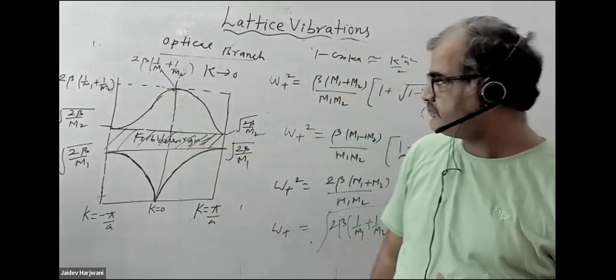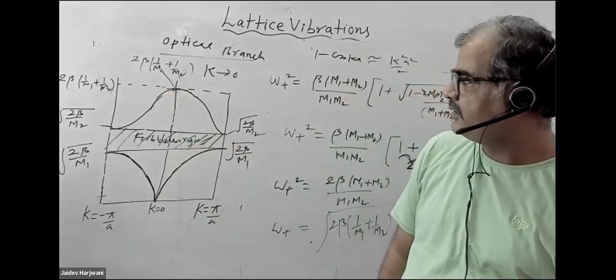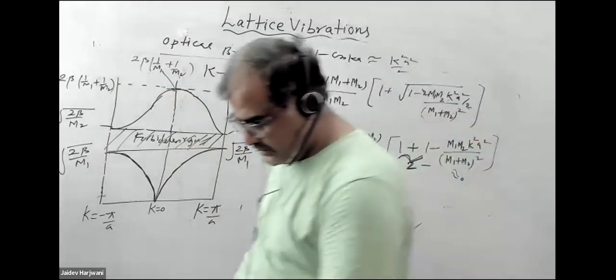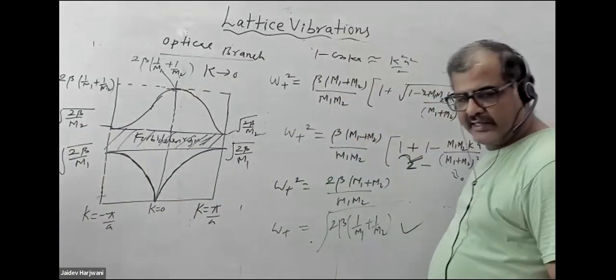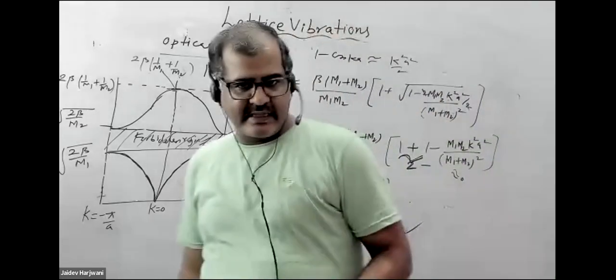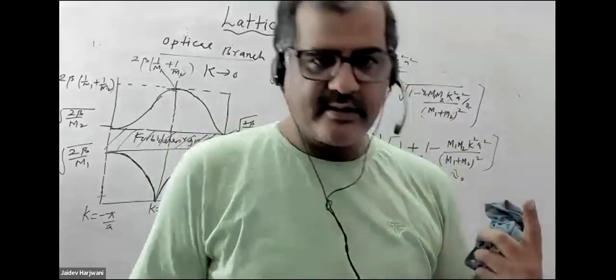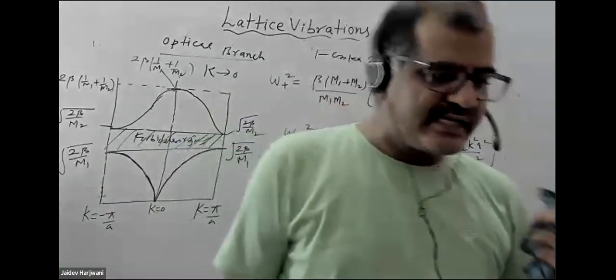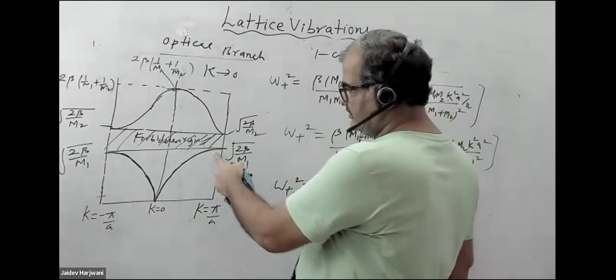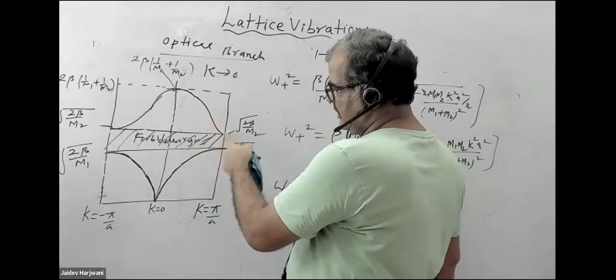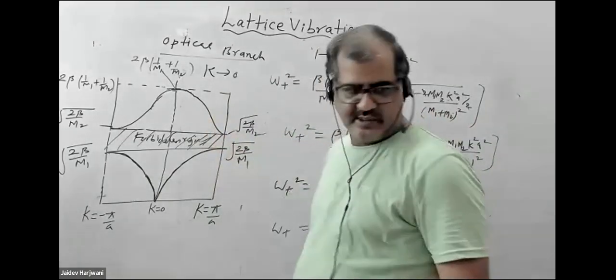Now these are the graphs. I have calculated at k equals 0, and also when k tends to 0. Now when k tends to plus minus pi by a, you can check that both branches are going towards constant values.